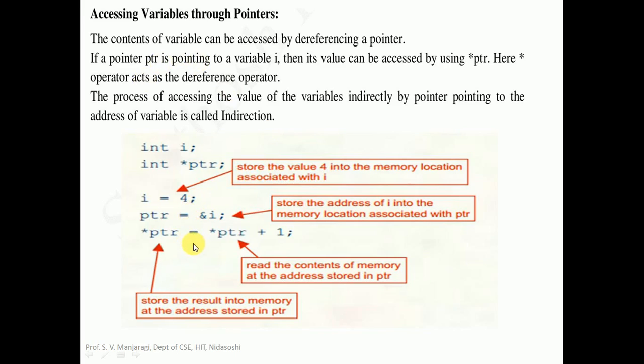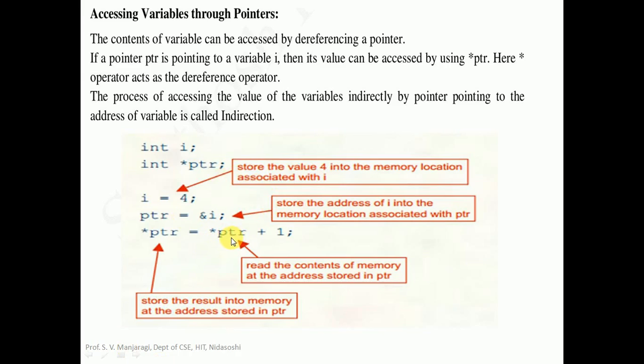So now let us see how to do that. In the next line we have star ptr is equal to star ptr plus 1. So this asterisk ptr is basically extracting the value of the variable I using ptr. ptr is a pointer which is holding the address of variable I, and star, the dereferencing operator or asterisk, is basically accessing the value stored at the address.